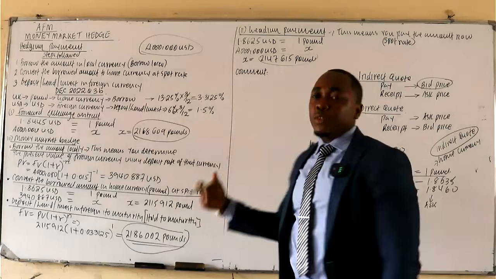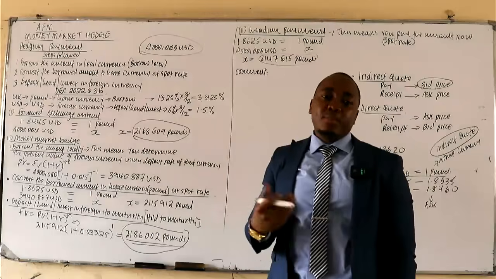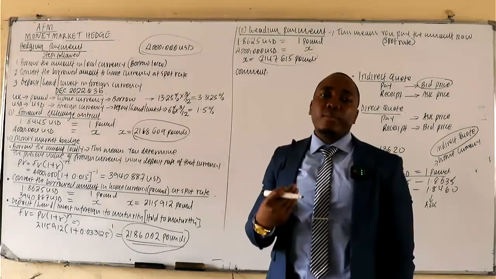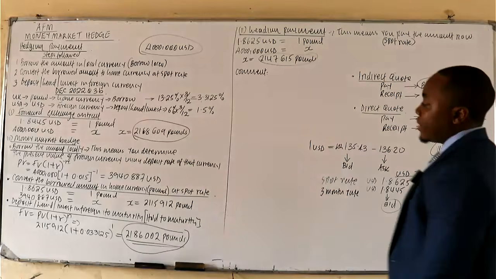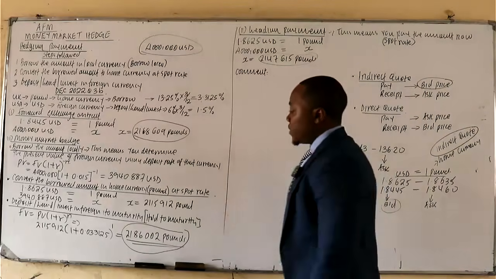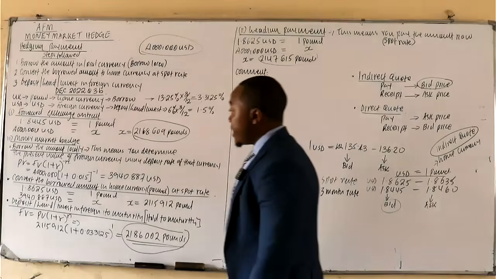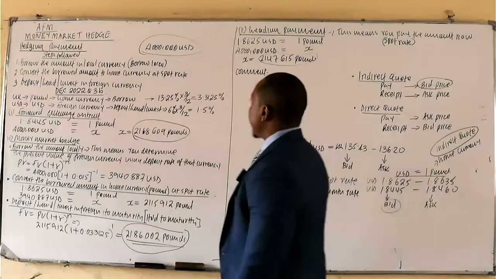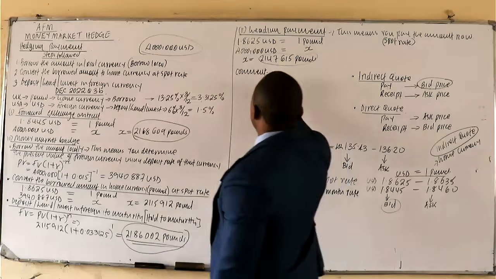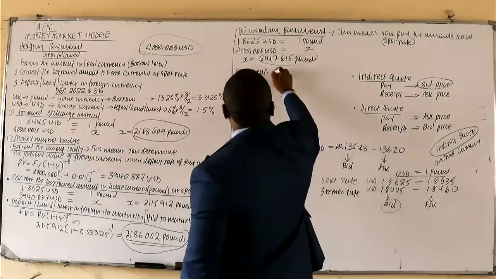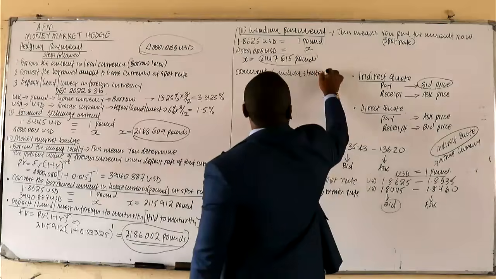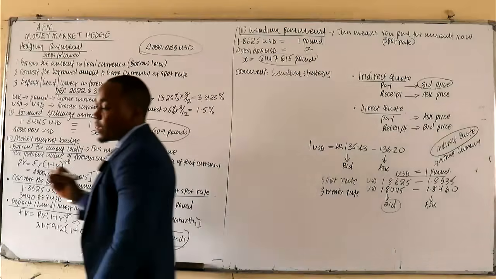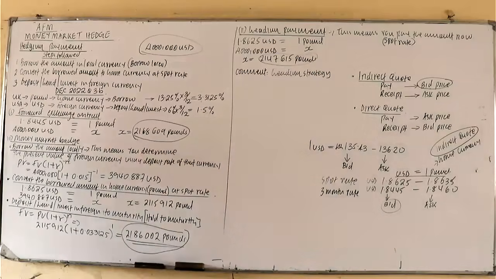Since you're making the payment, as a company, you expect the best option to be where you'll be paying the minimum amount. 2147, 2186, 2168. So the minimum amount is leading payment. So leading strategy will be the best strategy.